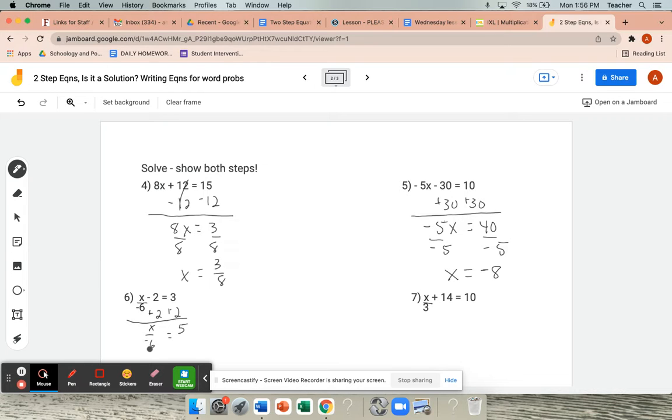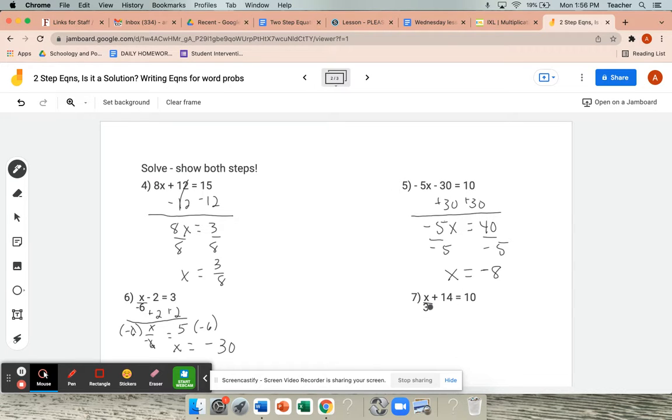So now x divided by negative 6, we would undo division with multiplication. These cancel out, and we get x equals negative 30. At any time, you can stop this video and just watch one problem and hit pause, and then watch the next problem if I'm going too fast.